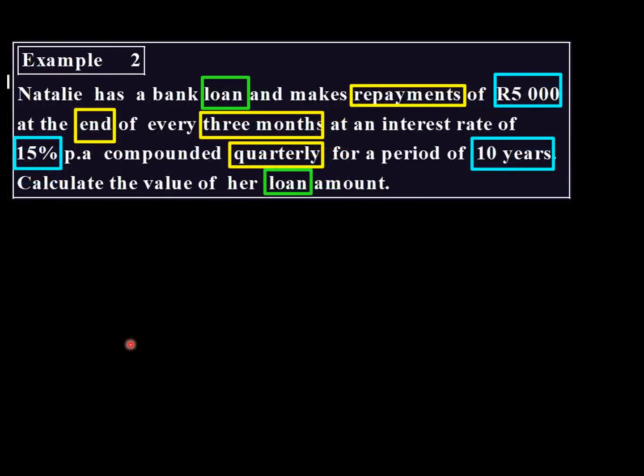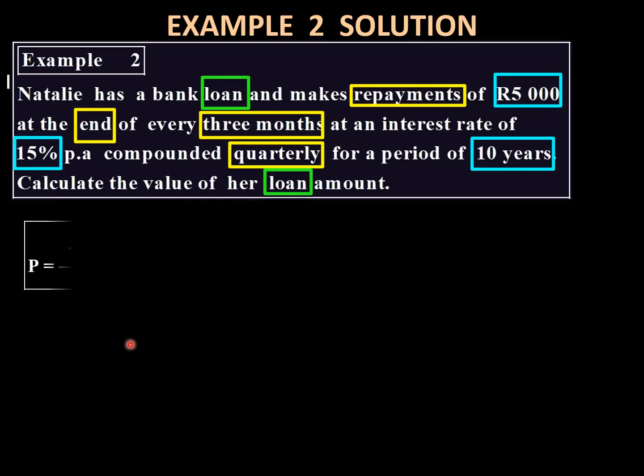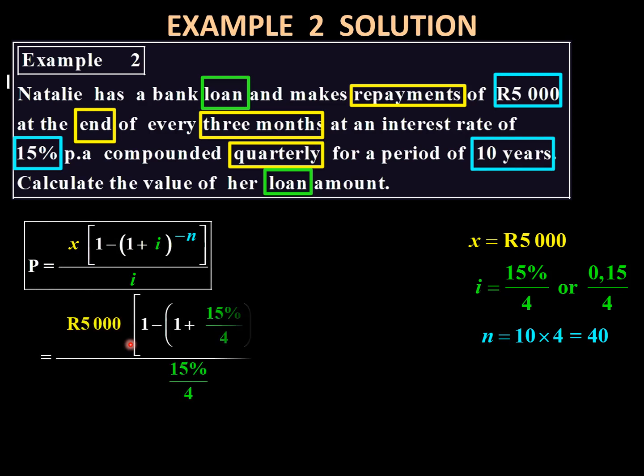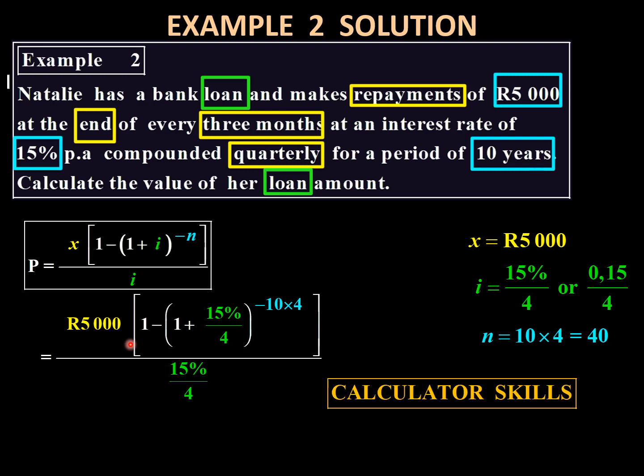Now let's actually look at Natalie's loan here. So we said it's a present value. Those are the values. So we just have to enter those values there, substitute. And if we substitute that, this one is quite easy. Be careful with that negative there. And if we calculate that, the present value is 102,000.